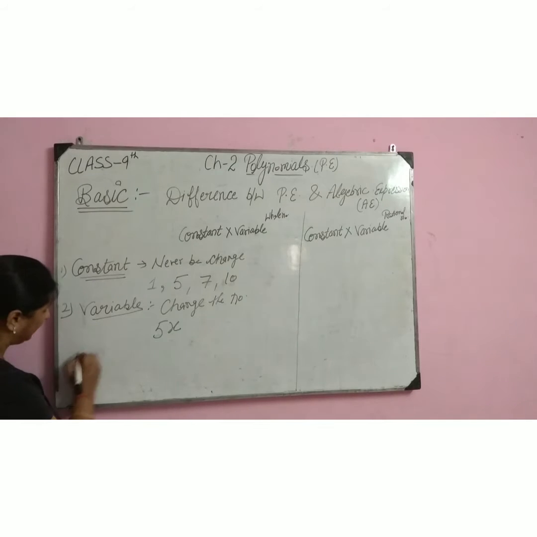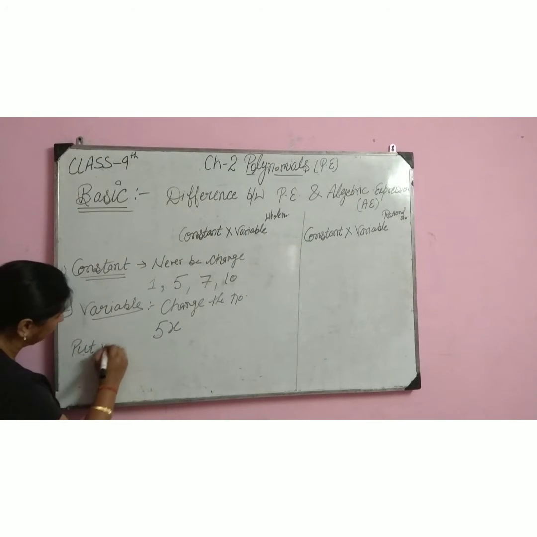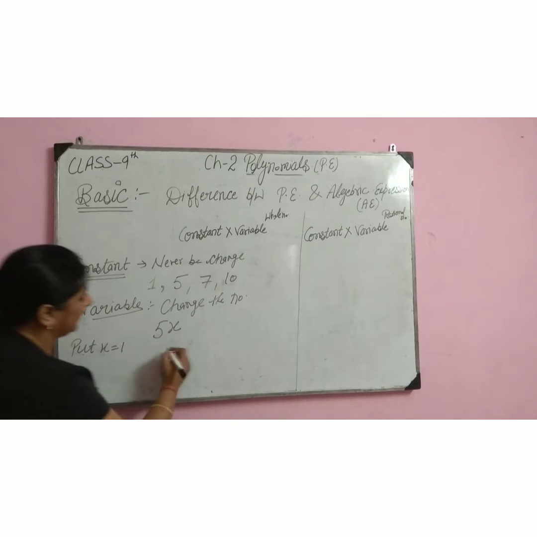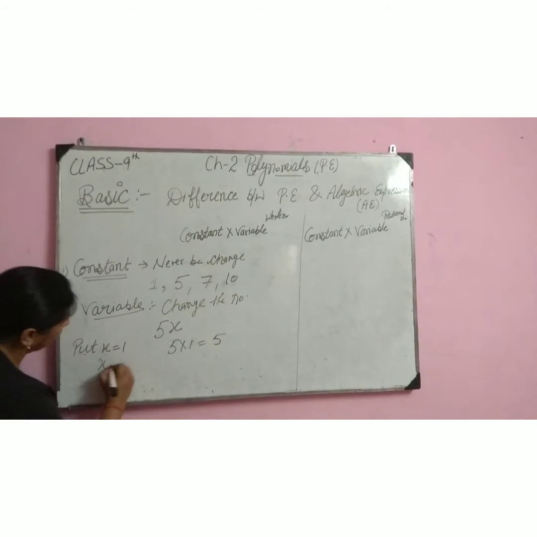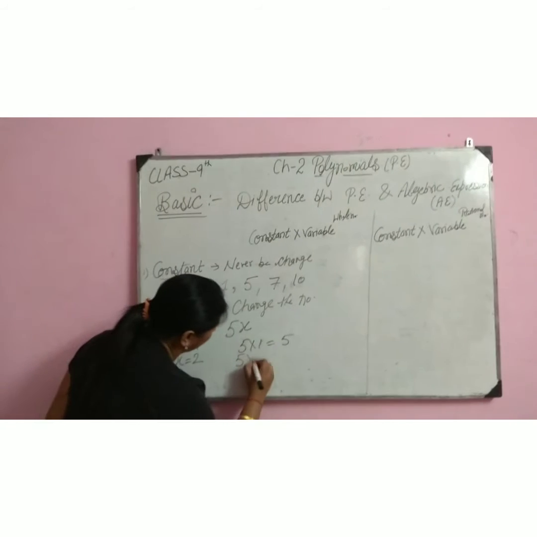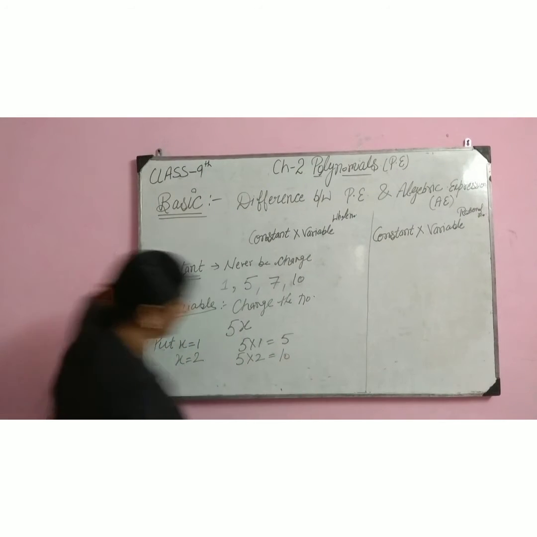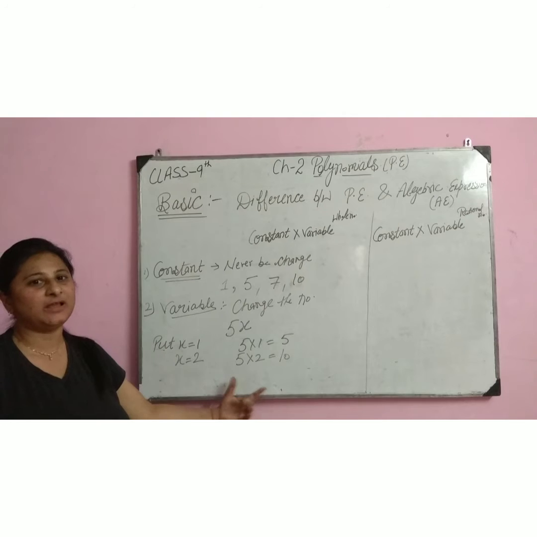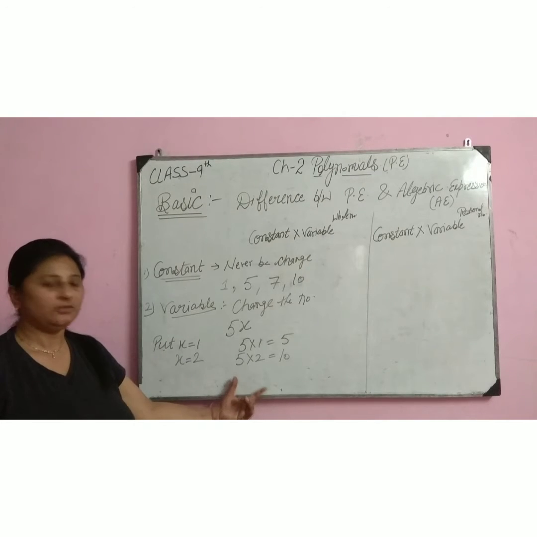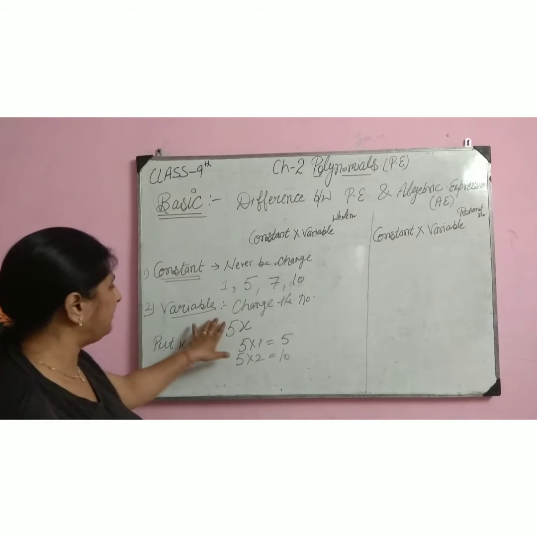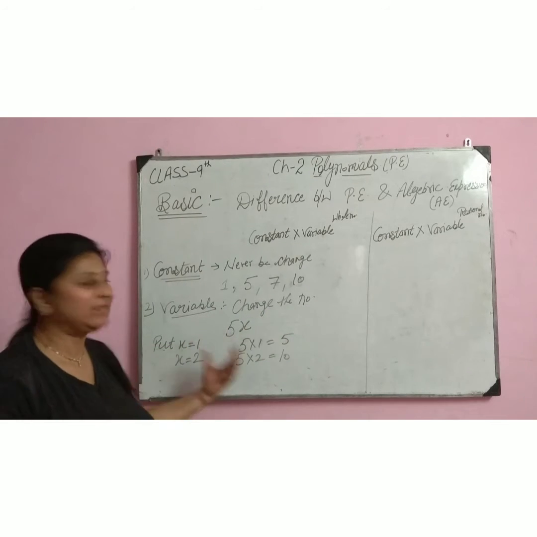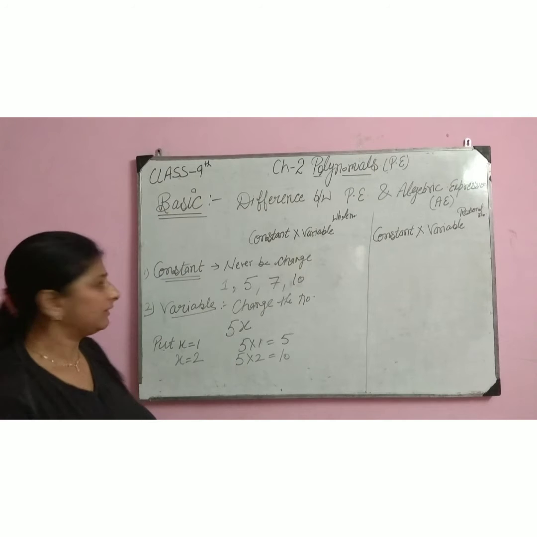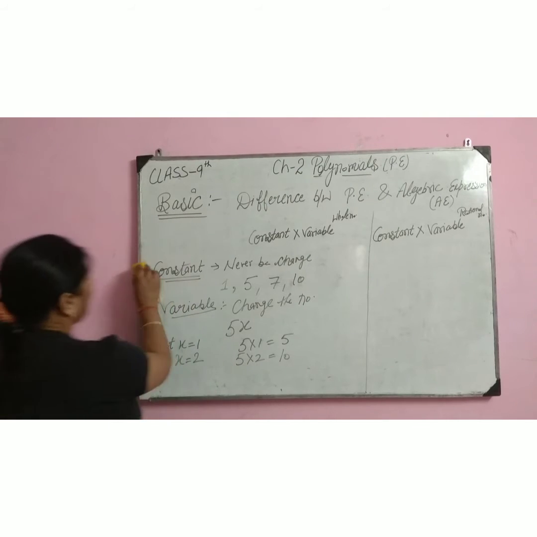Suppose I put the value of x equal to 1: 5 into 1 is 5. Again I put x equal to 2: 5 into 2 is 10. Can I change this value? Yes. So a variable means we are able to change the number with the help of the variable. Clear?